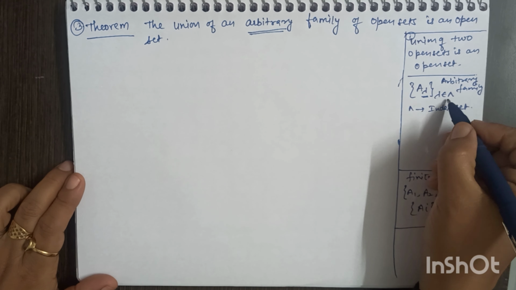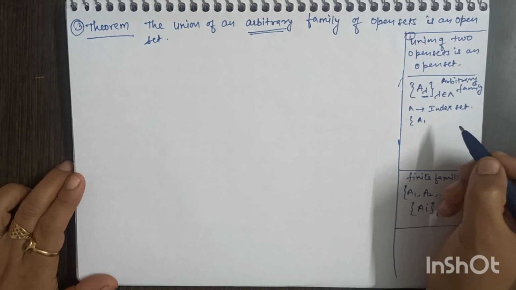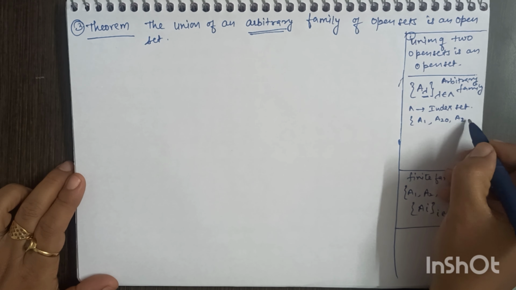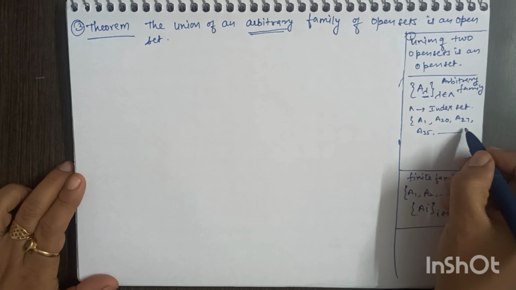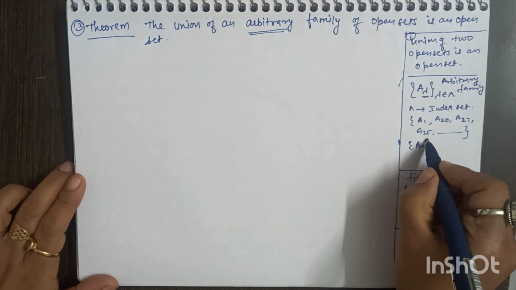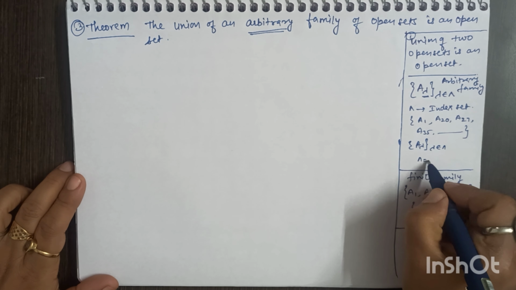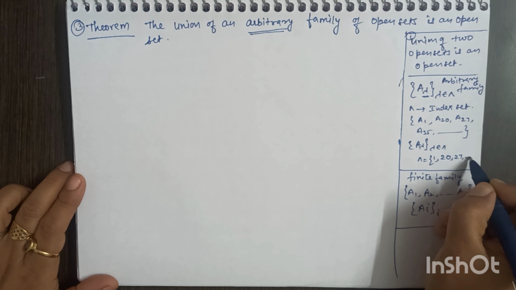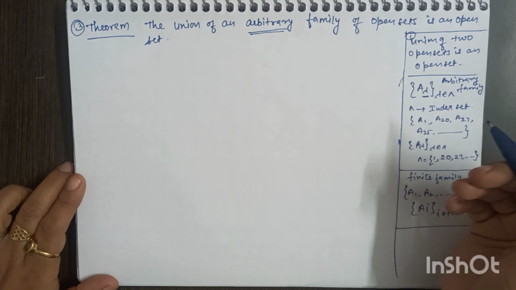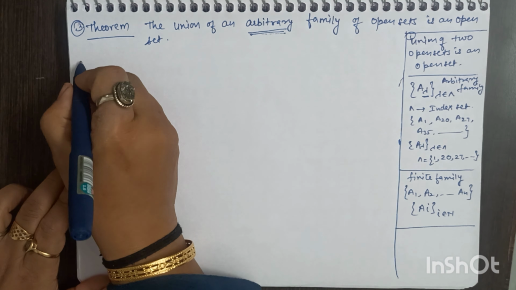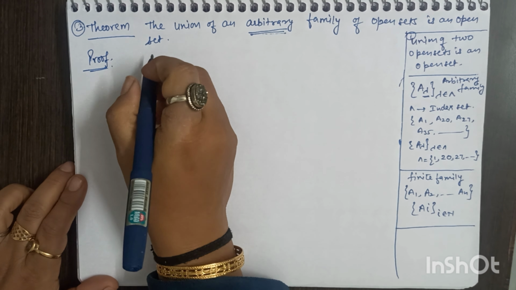Suppose I have taken the first element as a1, then the second element as a20, then a27, a35, likewise, randomly selected. There is no sequence. So A lambda, lambda belongs to index set. The index will be 1, 20, 27, whichever index elements you have chosen. So this is the representation of an arbitrary family.